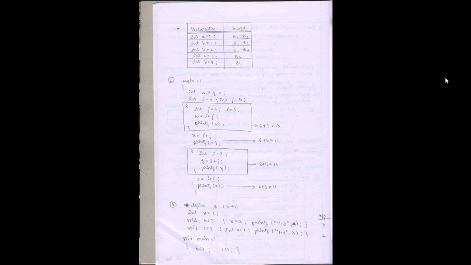And consider the second example. Here we are creating one main method, and then we are declaring local variables of integer data type w, x, y, z, and integer i is initialized to 4 and integer j is initialized to 5, right? And within that block, the square bracket representation, int j equal to 7, i equal to 6. So in the outside block j equal to 5, but within the block j is equal to 7.